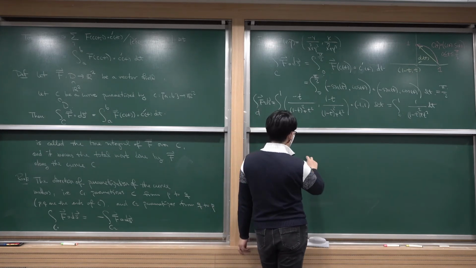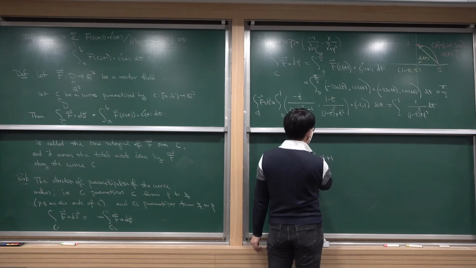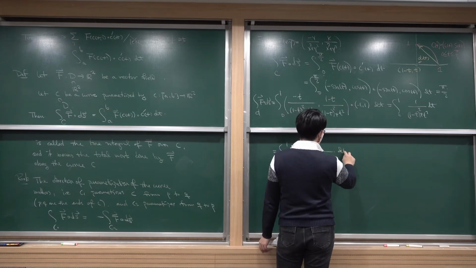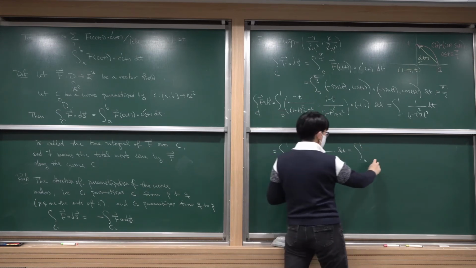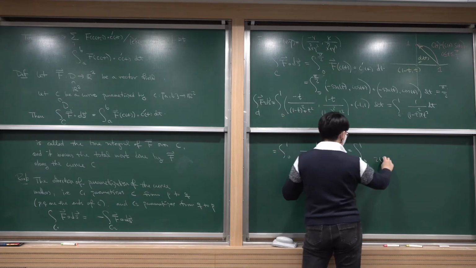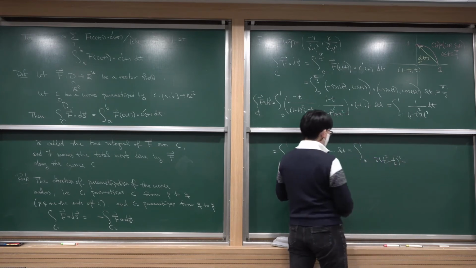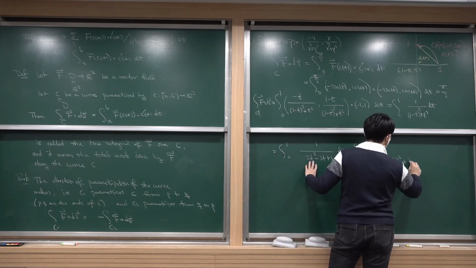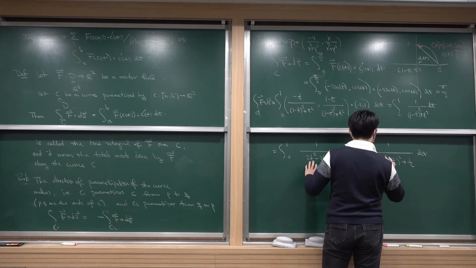So we have 1 over 2t squared minus 2t plus 1 dt. Let's make it a complete square: 1 over t minus 1/2 squared plus 1/2 dt.